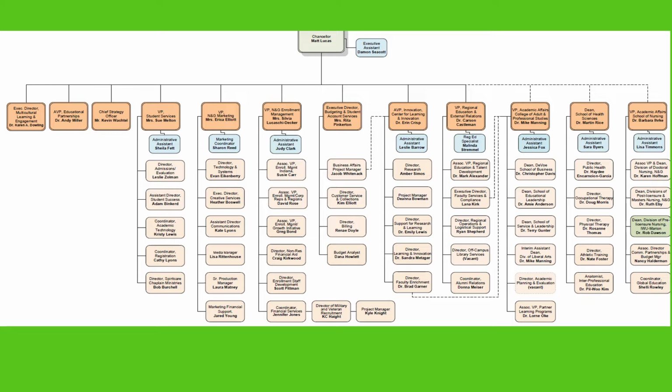This position will put him in charge of what we call the student-facing departments. These are the departments that deal most directly with students, with the exception of course, the professors.